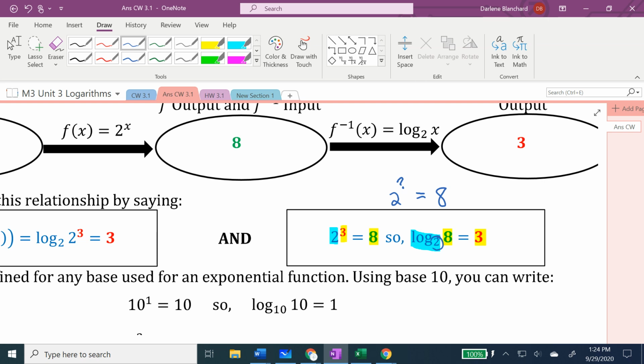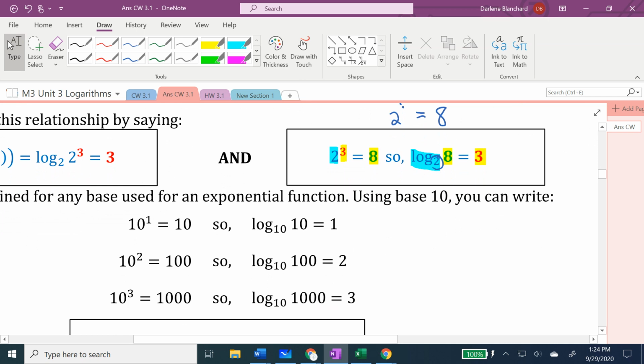So now let's take a look at these. And I want you to focus on the log side. So focus first right here on this one. And I'm going to color code a little bit here. If I put 10 into a logarithm that has base 10, I think I'm changing some of my color coding from before, so let me hold on one second. I'm going to use red for this.